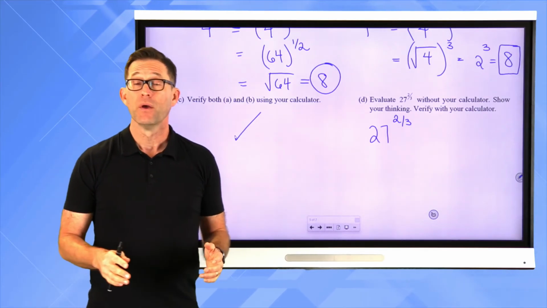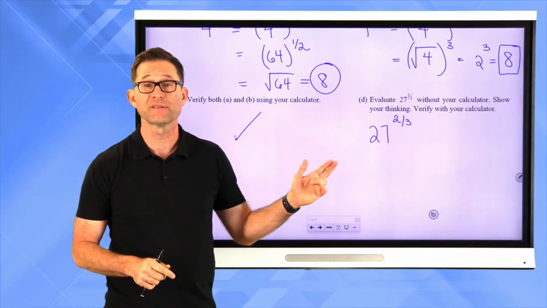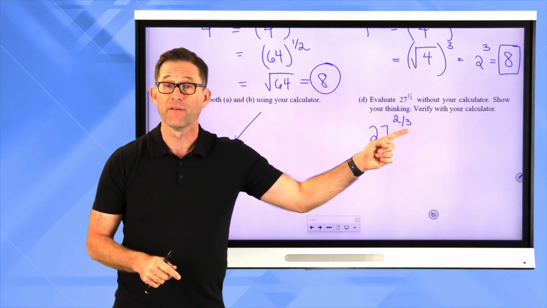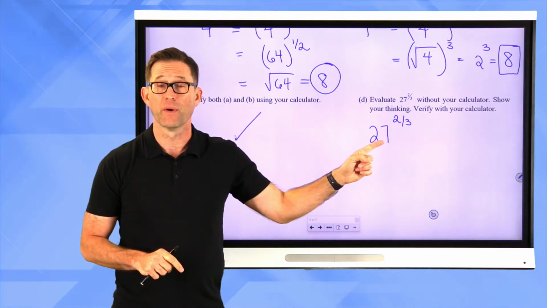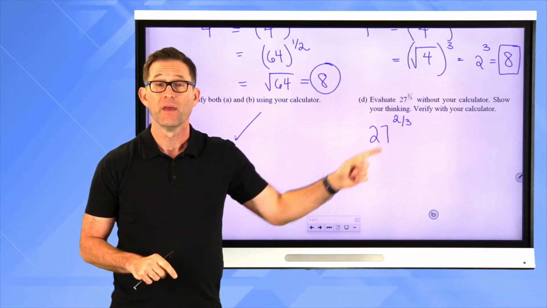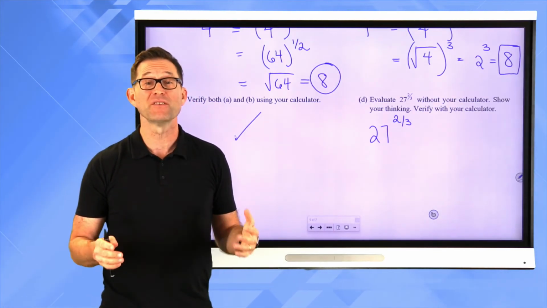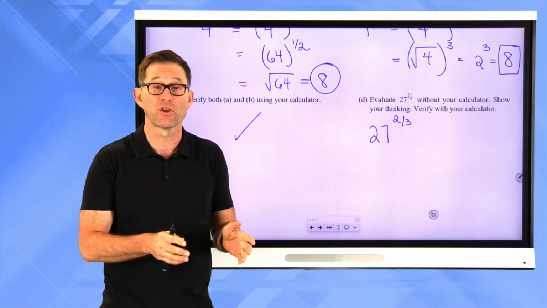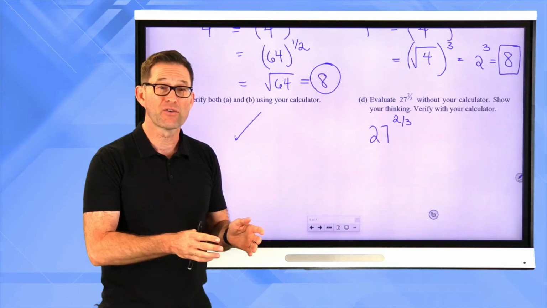All right, now, we can think of this in one of 2 ways. We can either think about it as taking the number 27 and squaring it, and then finding the cubed root, or we can think about it as taking the number 27, finding its cubed root, and then squaring that result. Without a calculator, it's going to be much, much easier to first find the cubed root and then square the result than it is to square 27.